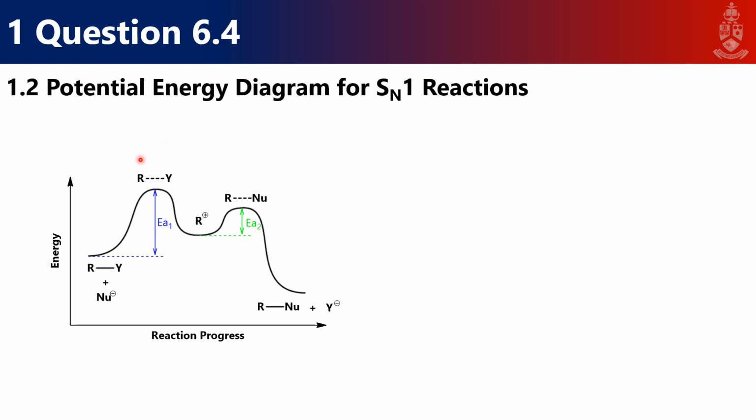Then if you generally looked at the potential energy diagram for an SN1 reaction, this is what you would see. We would first see a first activation energy for the dissociation of the Y group, the leaving group, which leads to your carbocation intermediate, which is then attacked by the nucleophile, which has a transition state of R sort of bonded to the nucleophile.